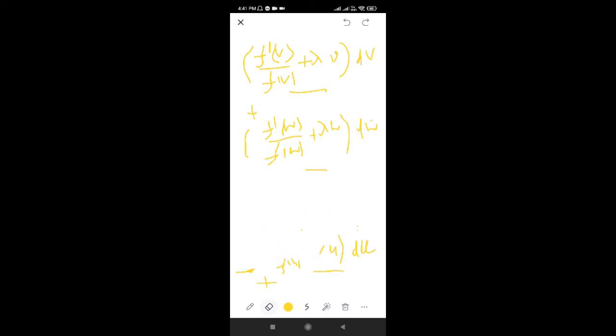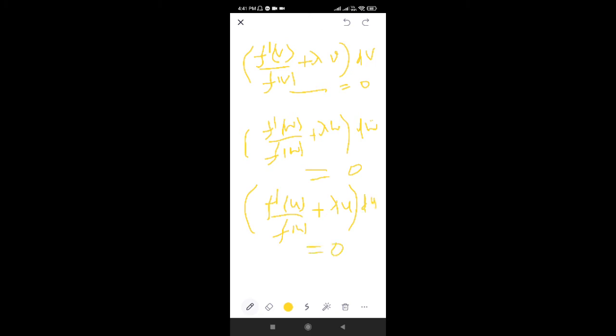Here these things are looking somewhat lengthy. Now each term should be 0. This term should be 0, second term 0, third term 0. The first term, f prime of u by f of u plus lambda u, times du, is equal to 0.